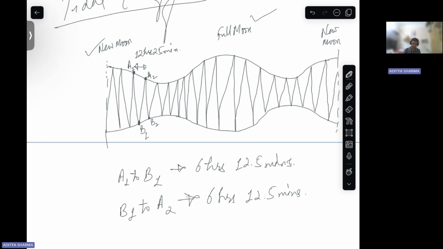And neap will be when you are in your third quarter, this is your third quarter, and this is your first quarter.